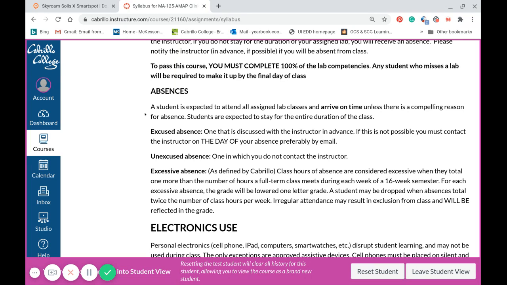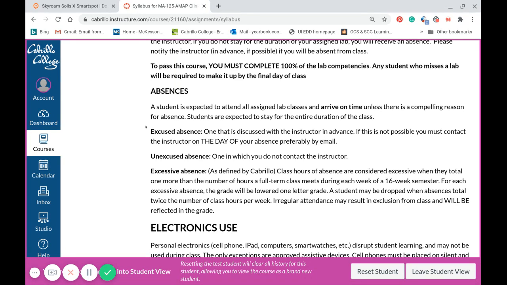Okay. So there should be a compelling reason for your absence, and you're expected to be here for the entire duration of your assigned lab time until you complete the competencies for the day. If you have to leave early, there should be a compelling reason as well, but please just talk to us.